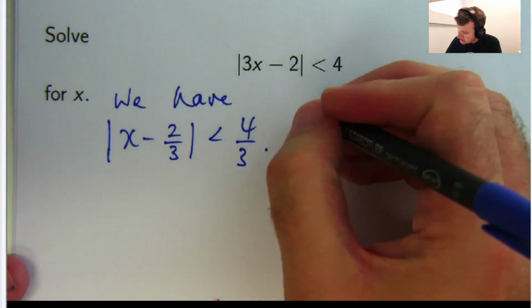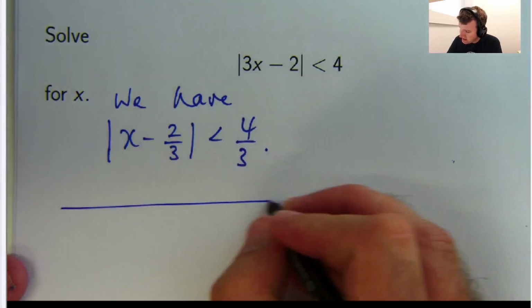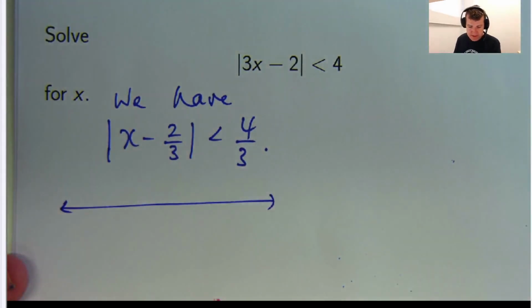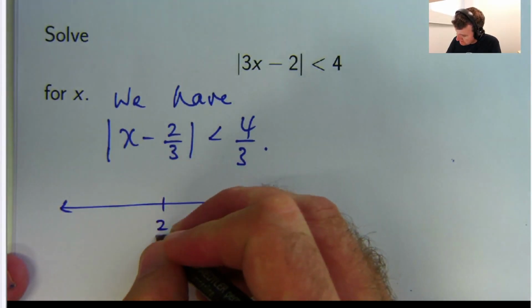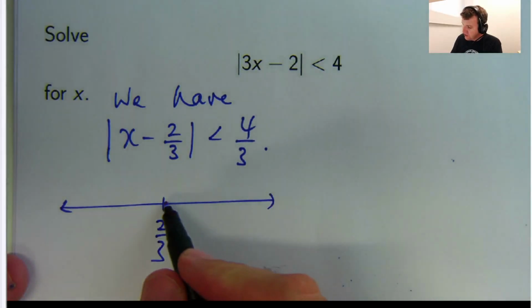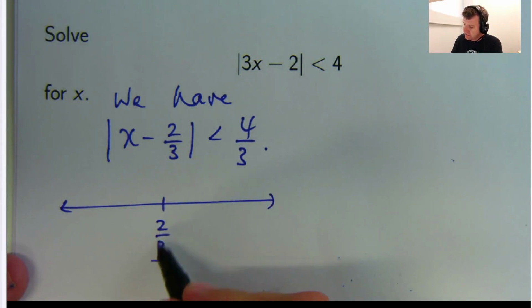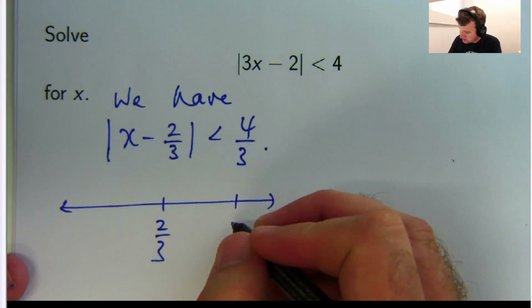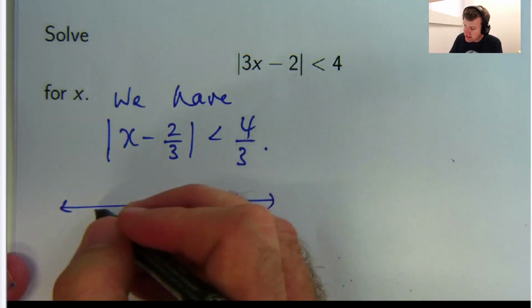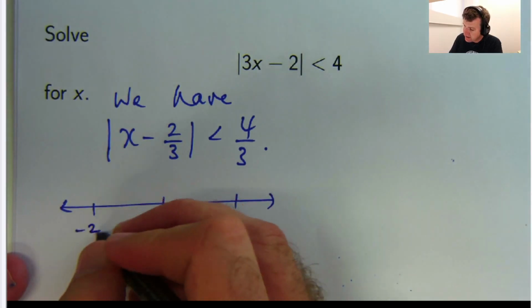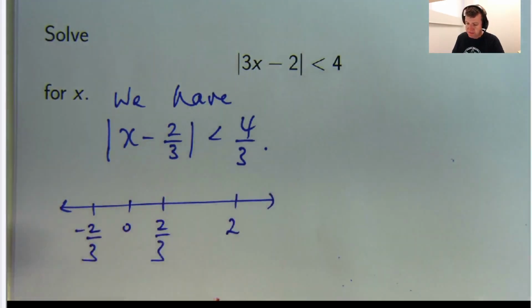So let's draw another number line. I'll put in 2/3 there. And if I go 4/3 that way, I get 2/3 plus 4/3, which is 6/3, which is 2. And if I go 4/3 the other way, I'll get negative 2/3, and 0 is somewhere in there.